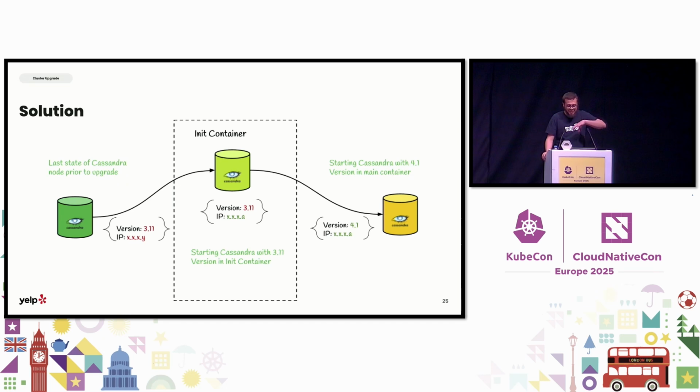So in this way, once this new node was brought back up, it successfully joined the ring, and we had a consistent nodetool status everywhere. So you can see how, with careful utilization of init containers, we were able to upgrade Cassandra nodes seamlessly. And we followed this procedure for our entire fleet with 70 plus clusters and more than 1,000 nodes in them.